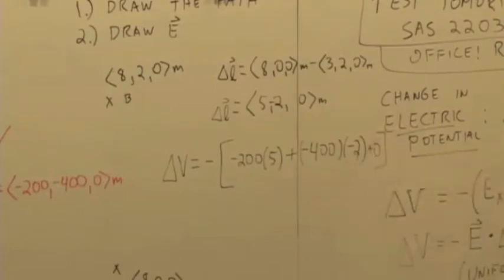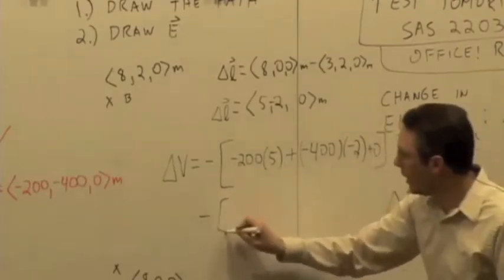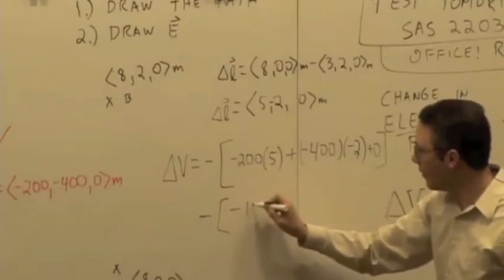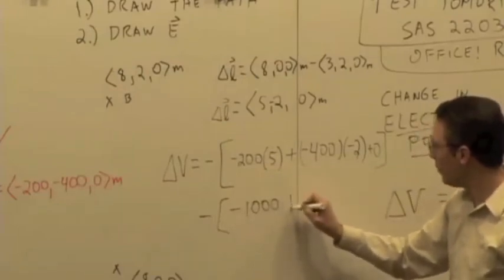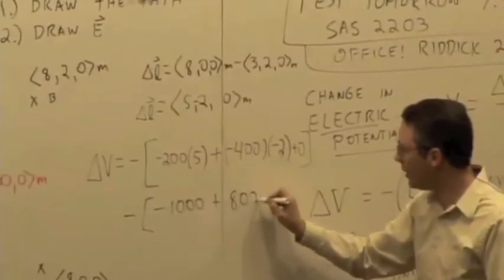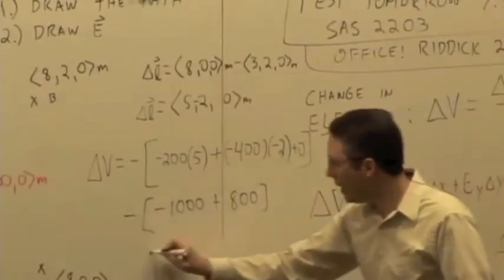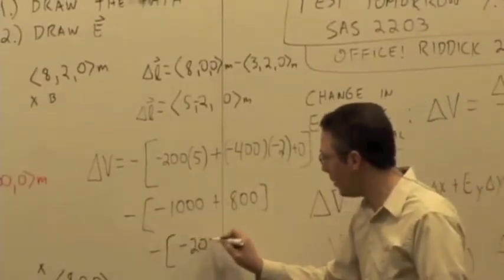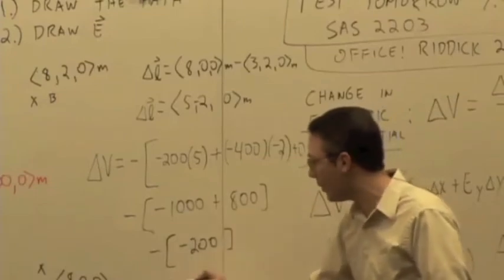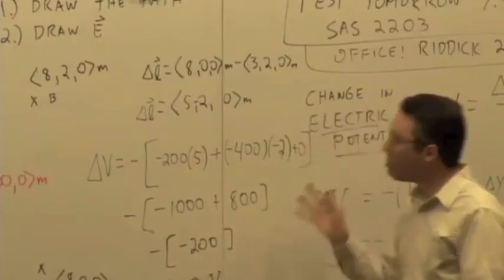Okay? So what do we get? We get a negative sign. We get negative 1,000 in here plus positive 800. And so inside the parentheses, I get negative 200, but then I multiply by a negative sign, so I get 200 volts. Okay.